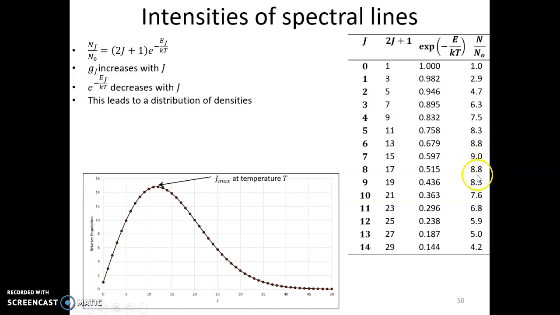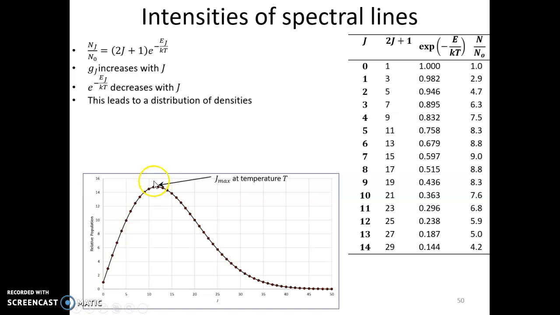And then it starts to decrease, 8.8, 8.3, 7.6, and it goes on and on. So here we went from J equals 0 to J equals 50. So there's a distribution of population.